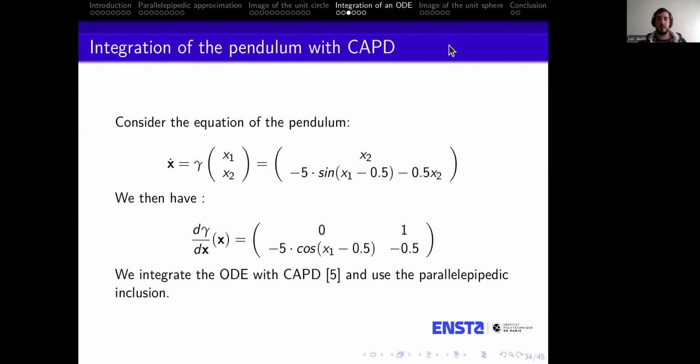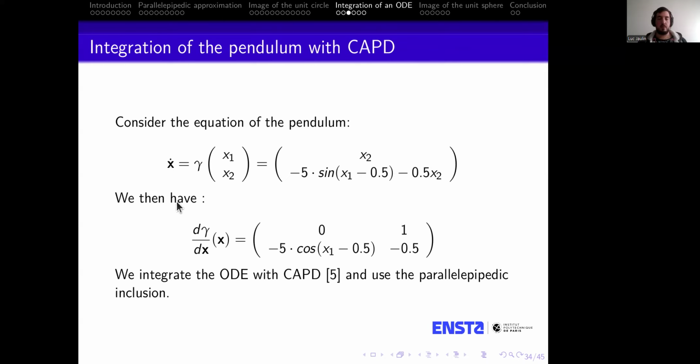So an example here in 2 dimensions first, with the pendulum. Here we have the equation of the pendulum with a term of friction and a small offset, because my circle is centered in 0, 0, and nothing much happens at 0, 0 for the pendulum.